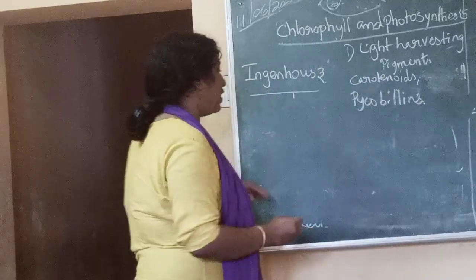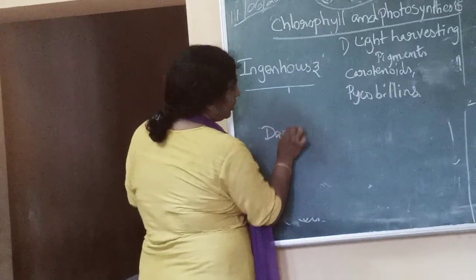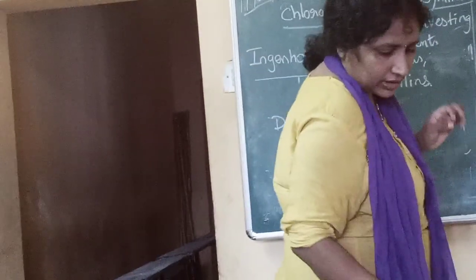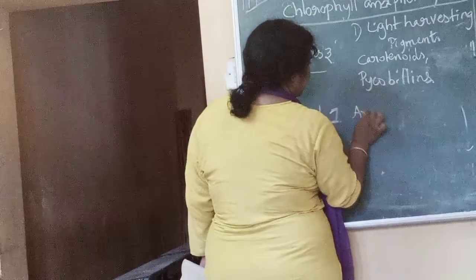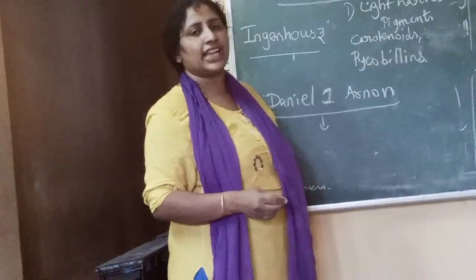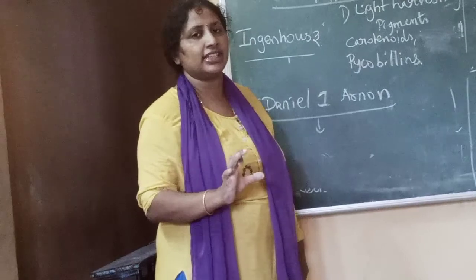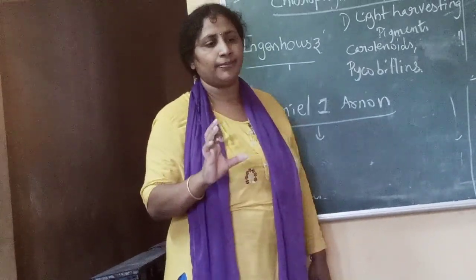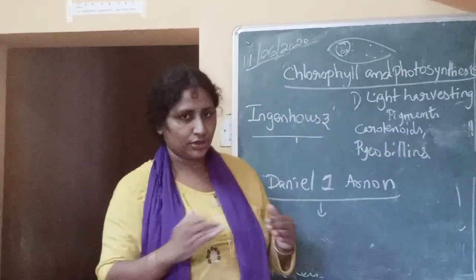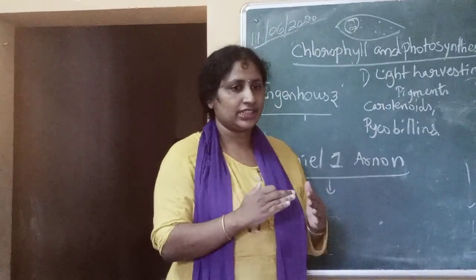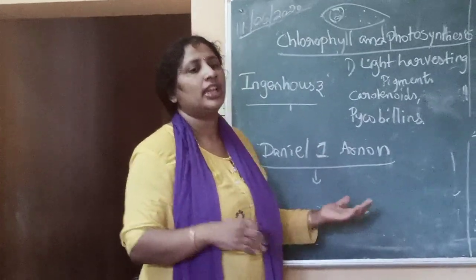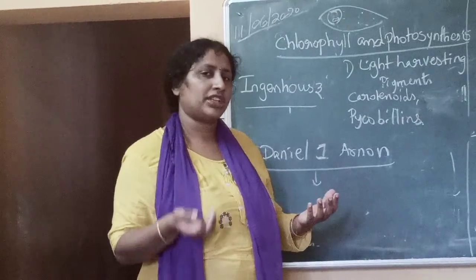Afterwards, the scientist Daniel I. Arnon succeeded in isolating the chloroplast without breaking it. He very carefully broke the plant cell, and without breaking the chloroplast he isolated it, and then scientists started studying the structure of chloroplast.